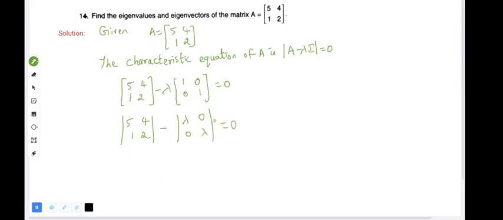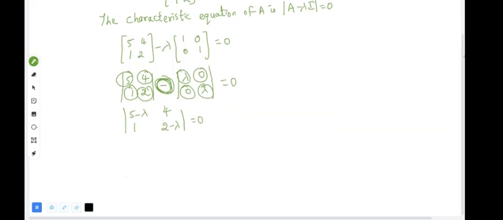So here we write them with the subtraction, that will be 5 minus lambda, first term; then second term 4 minus 0 will be 4, 1 minus 0 will be 1, 2 minus lambda will be 2 minus lambda, equals 0. So this is the characteristic equation of the given matrix A. So now we need to find the value for lambda.